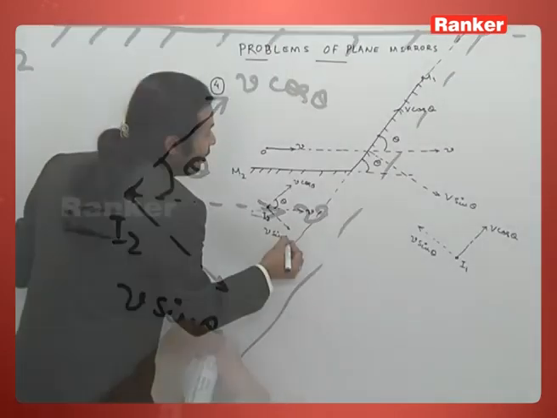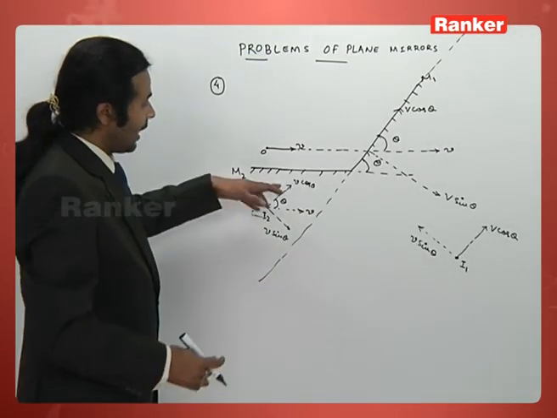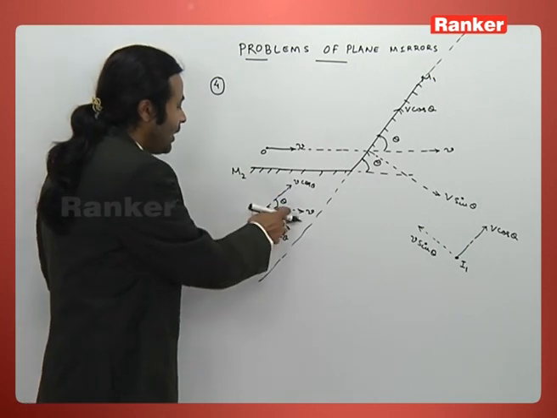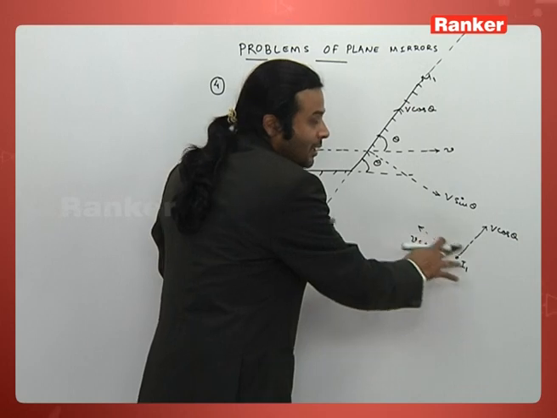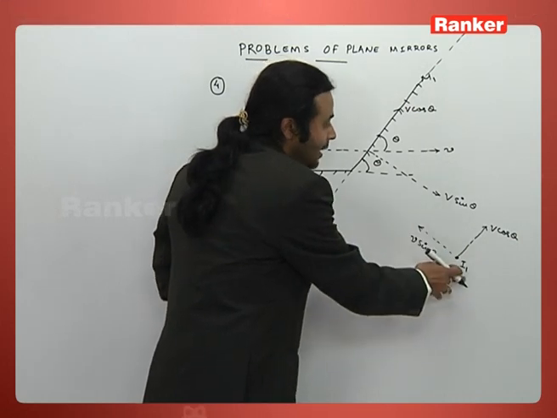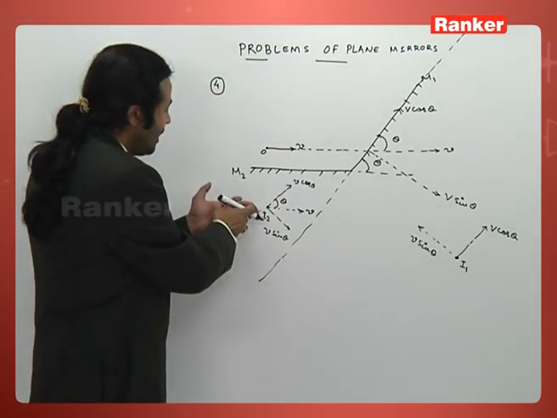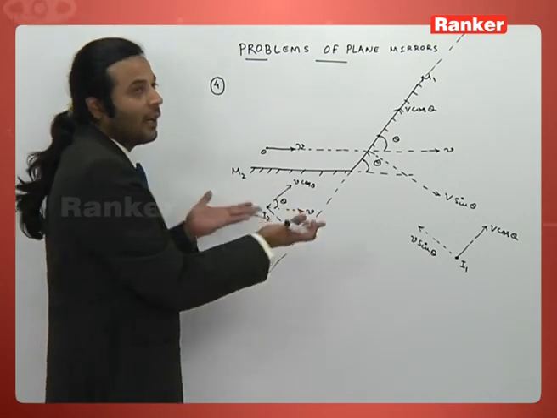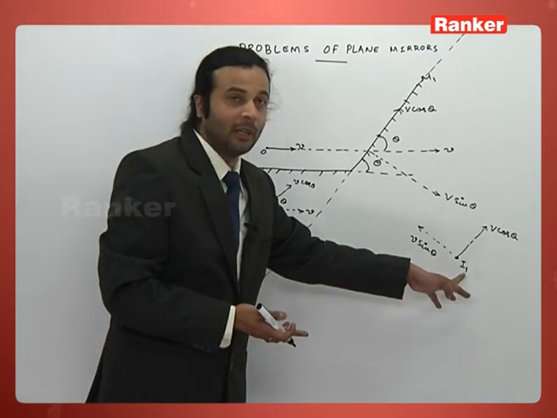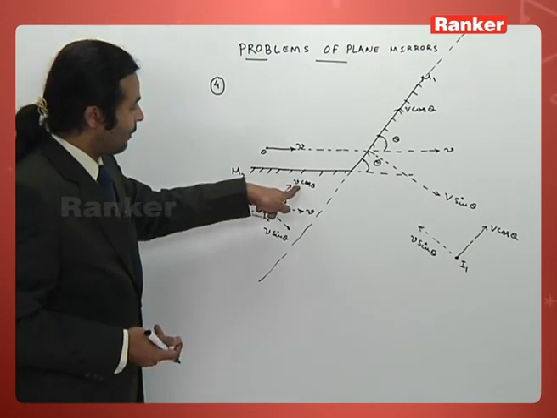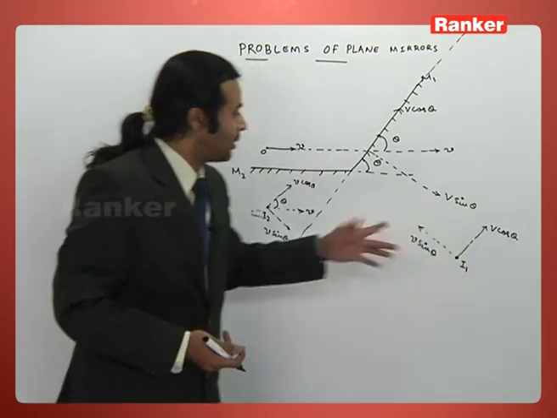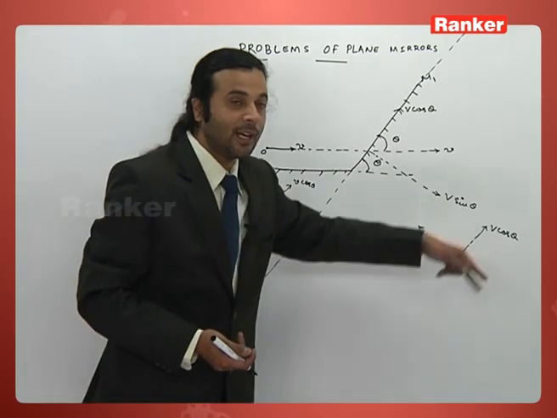Now what I am trying to do is resolve the velocity of image I2 according to the image formed in mirror M1, that is I1. That means I am trying to resolve this velocity in the direction or against the direction of the velocity of image I1. So if you look carefully, the relative velocity for v cos theta will be 0 because they are in the same directions.